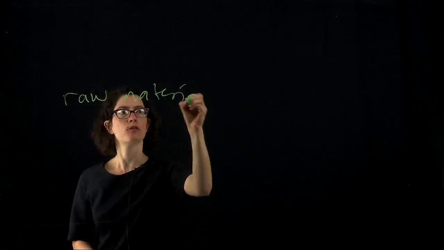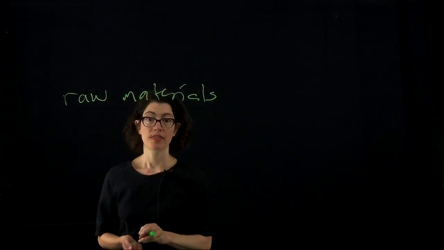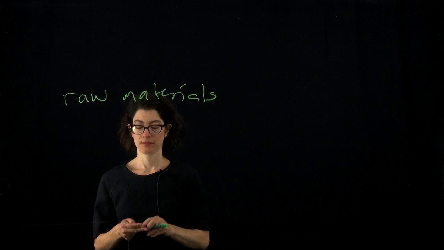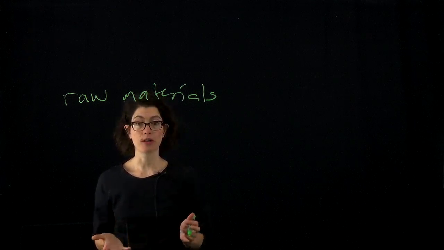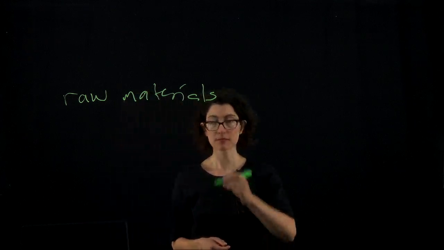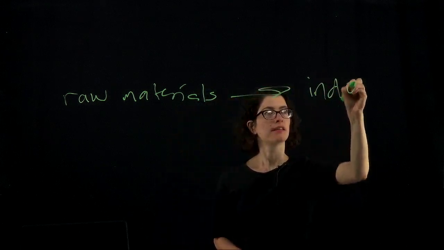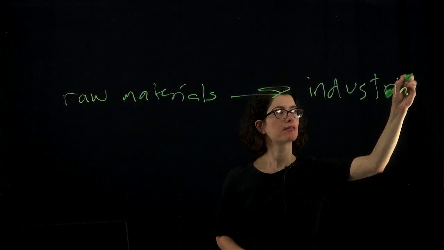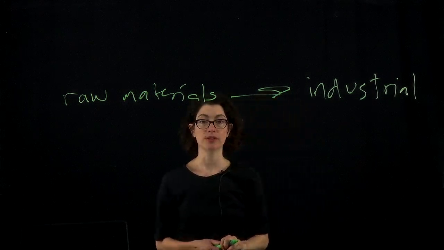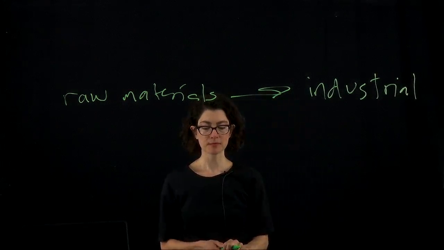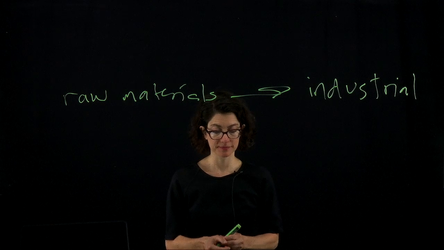To sum up, here's the basic dynamic. The colonies supply raw materials to the metropole, things like rubber, wool, cotton, oil, etc. These then serve the industrial expansion of the Second Industrial Revolution within the metropole.